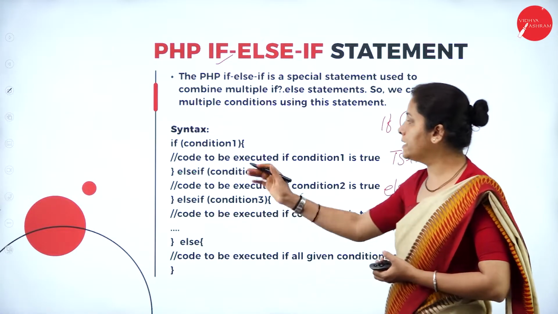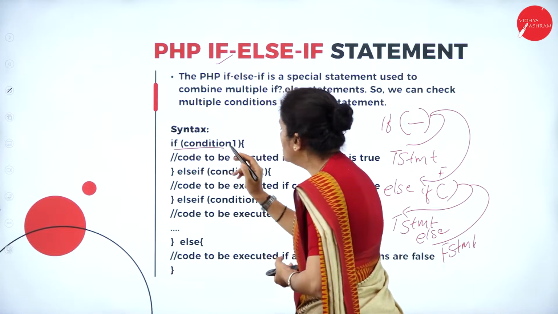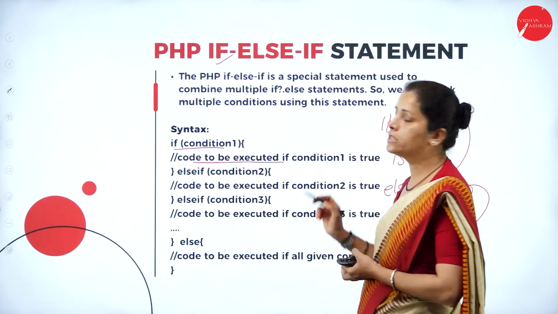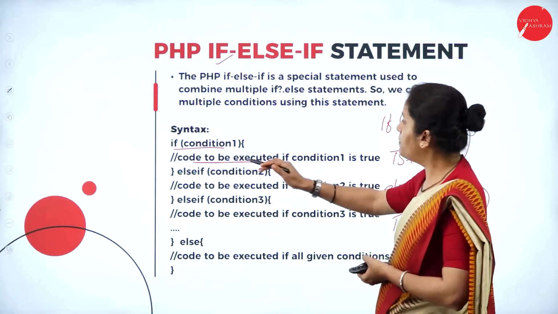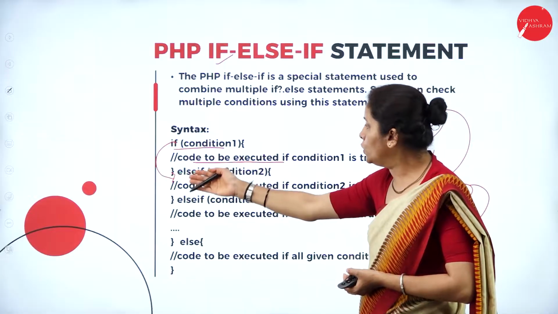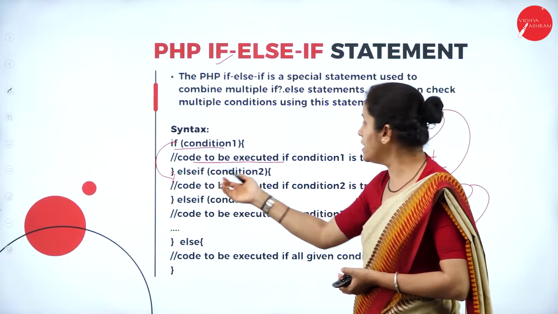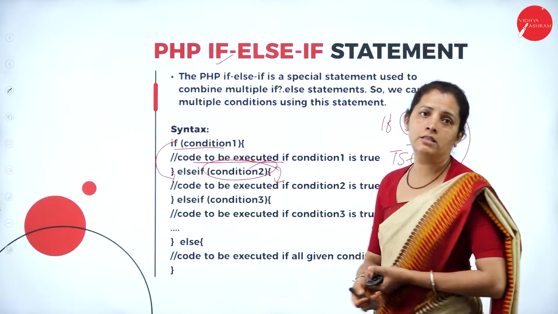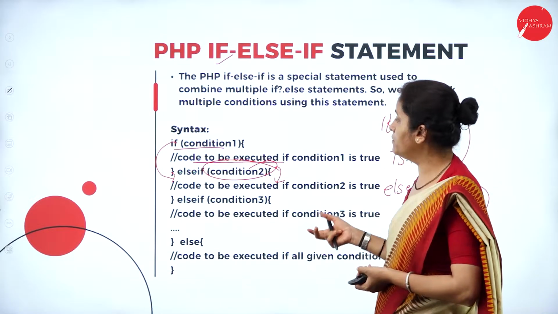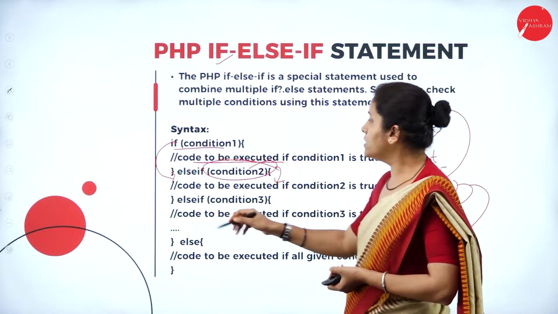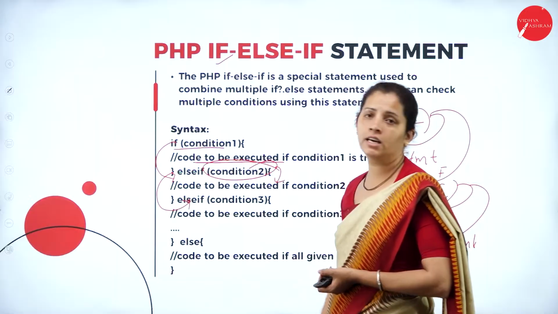So, see the syntax here. If the condition is true, I'm going to execute the statement. Suppose the condition is false, I'm moving on to else, that is else if. Once again I'm checking the condition. If this is true, I'm going to execute the set of statements which is present in the true section. Suppose it is false, once again I'm going to check the condition.